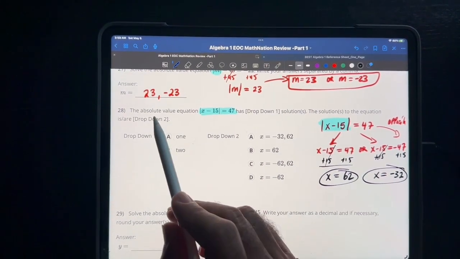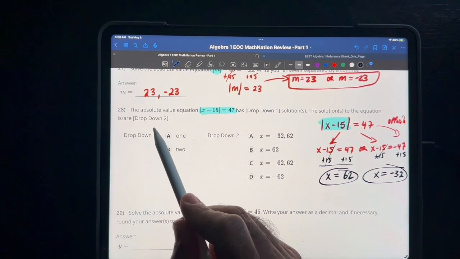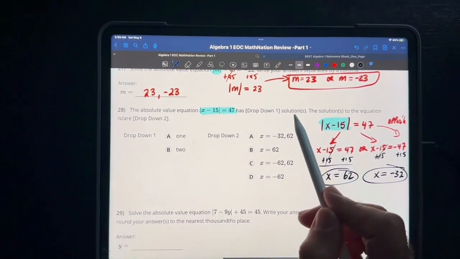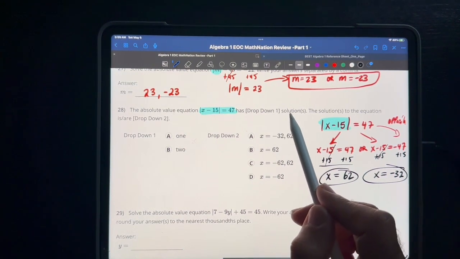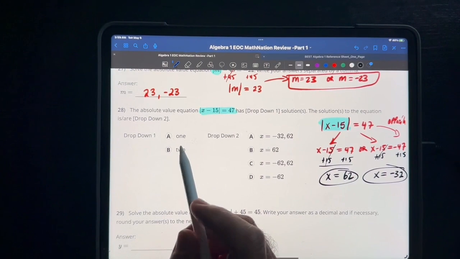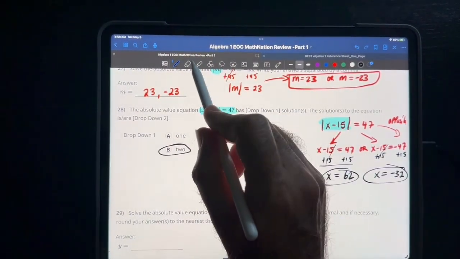So what does it say now? Drop down. So this is a drop down question. On your computer, you click on it and you get two options, right? The first drop down tells you how many solutions this has. Typically absolute value equations have two solutions, but sometimes it can have one.